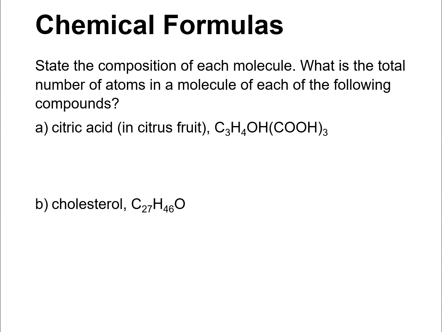Chemical formulas, that's the language of chemistry. In each molecule, you see the symbols for the elements, and you see these little numbers. These are called subscripts. That subscript tells you how many of an atom you have.